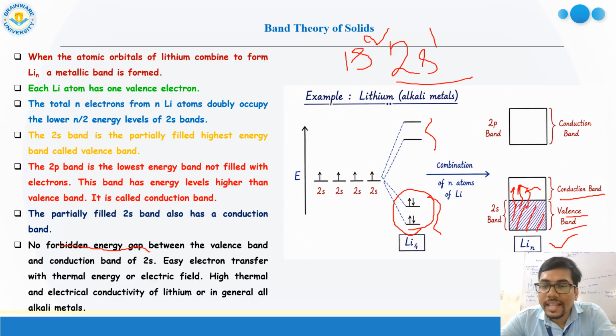Okay, and so these are very suitable for carrying electricity or heat. Similarly we can explain here, I have also written the high thermal and electrical conductivity of lithium, which can be explained in this way.